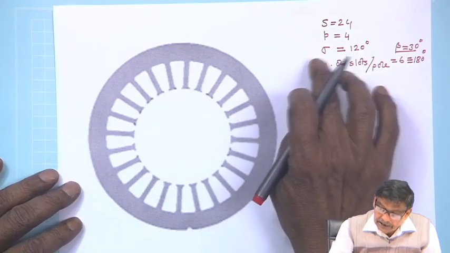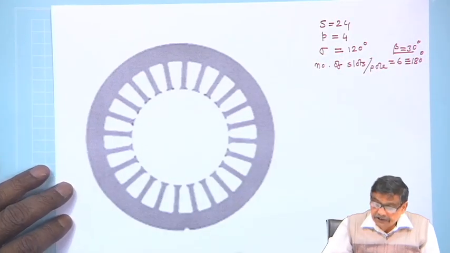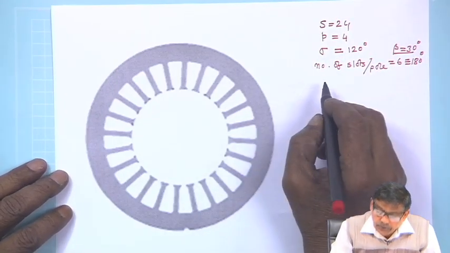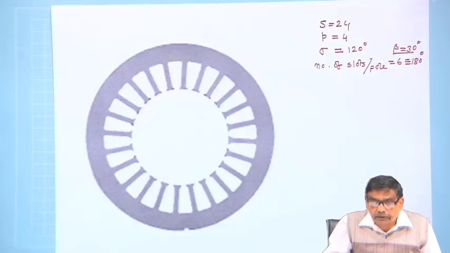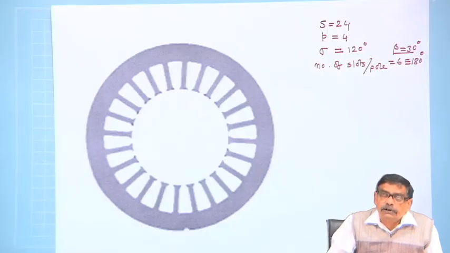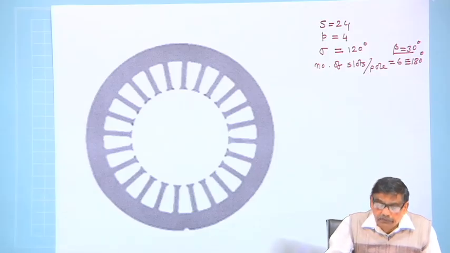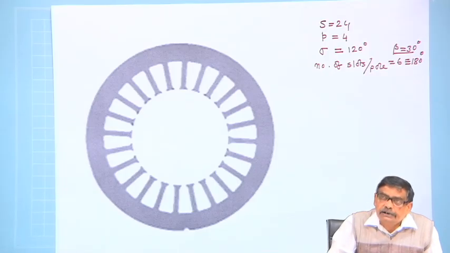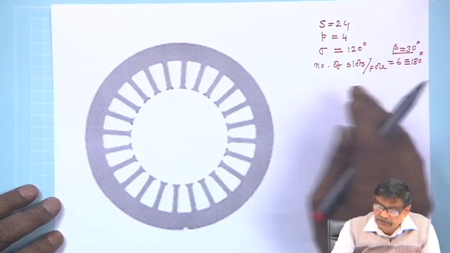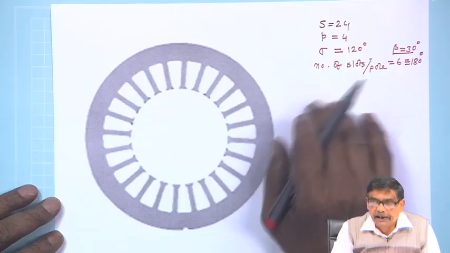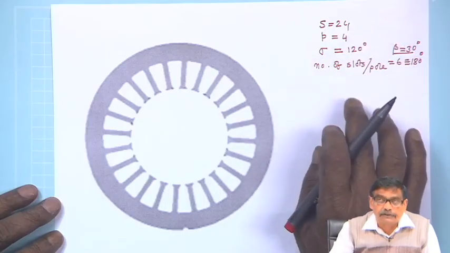But to carry out the 120 degree phase spread winding, you should allot under a pair of poles 1/3 of that 360 degree, that is 120 degree to R phase, 120 degree to Y, and the rest 120 degree to B phase. Therefore, how many slots should I spread for the R phase coil?